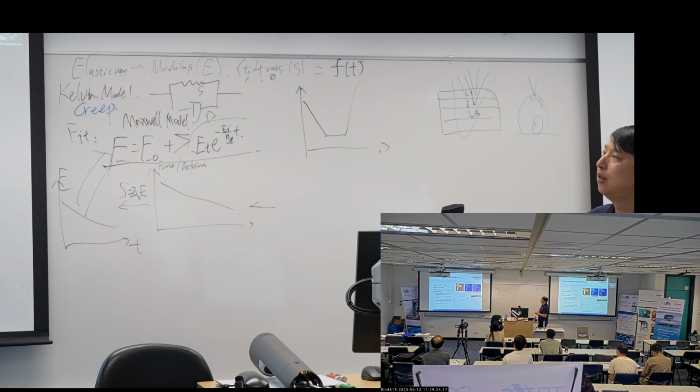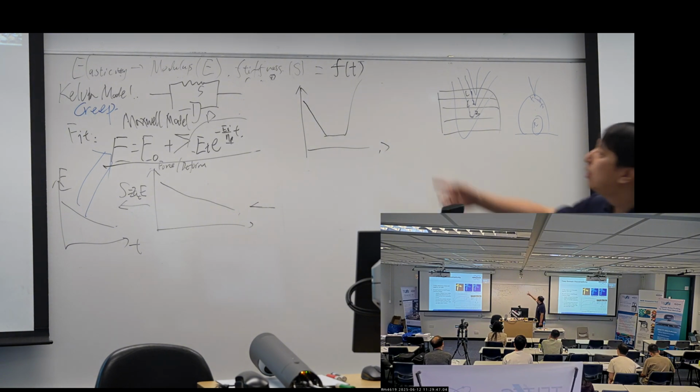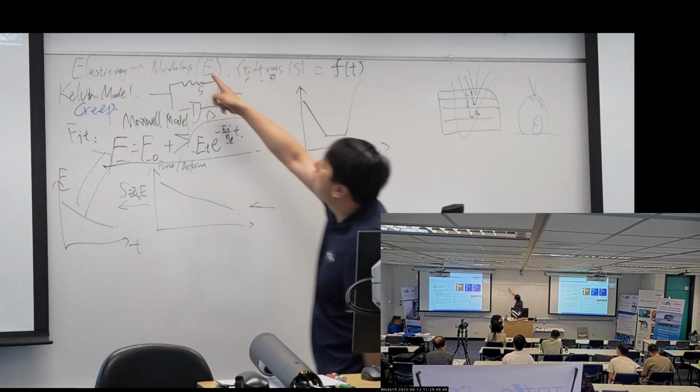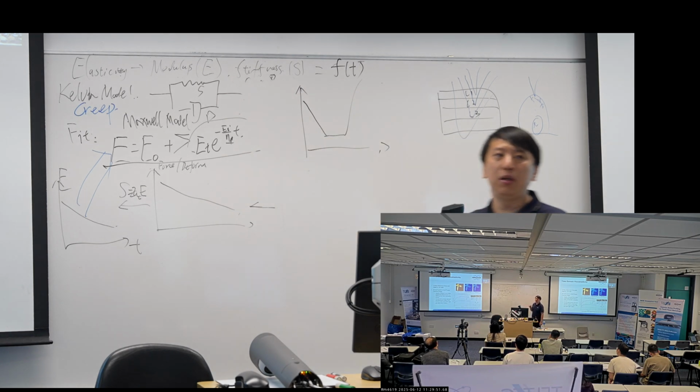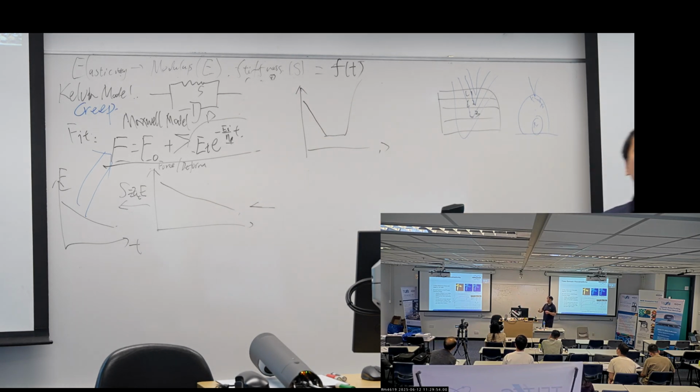But for really elastic samples, like bones, teeth, cartilage, which are mainly crystals and hard, the decay of modulus and stiffness is quite slow. It usually takes several hours to observe the creep or relaxation.